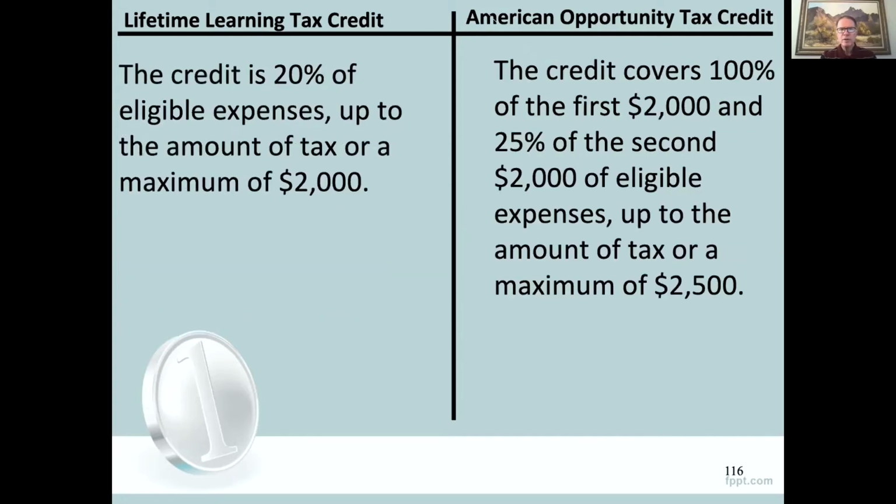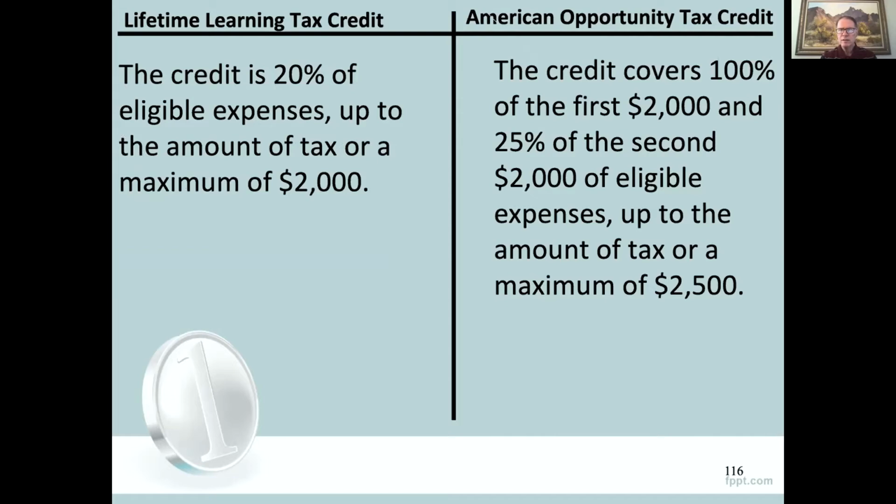Now, the Lifetime Learning Credit, not as expensive of a credit or as great a credit. It's only 20% up to a max of $2,000. So you could have $10,000 in expenses and you're going to get a credit back for 20%. But the American Opportunity Credit, it covers the first $2,000 at 25%.